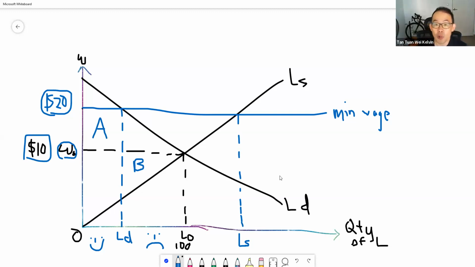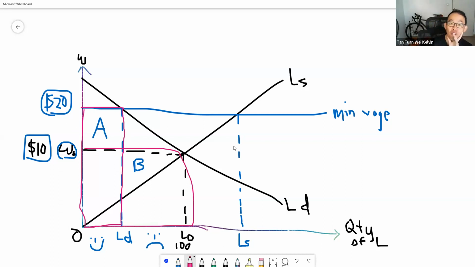But what about the wage expenditure? It should be clear that with the minimum wage, the expenditure is this rectangle here. It used to be this rectangle here, now it has changed to this rectangle here.